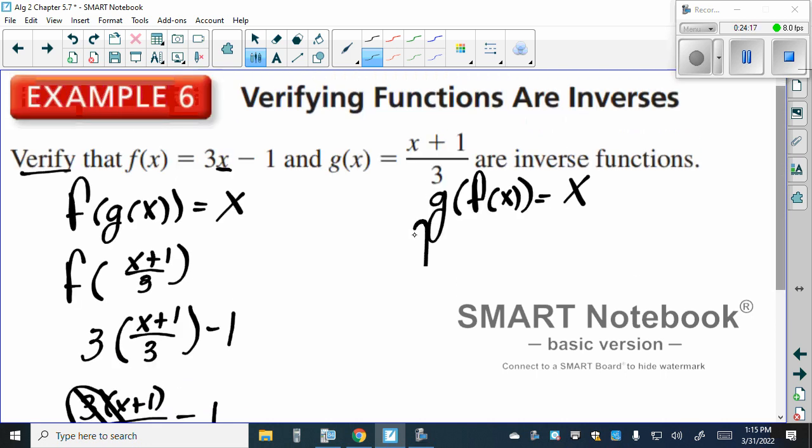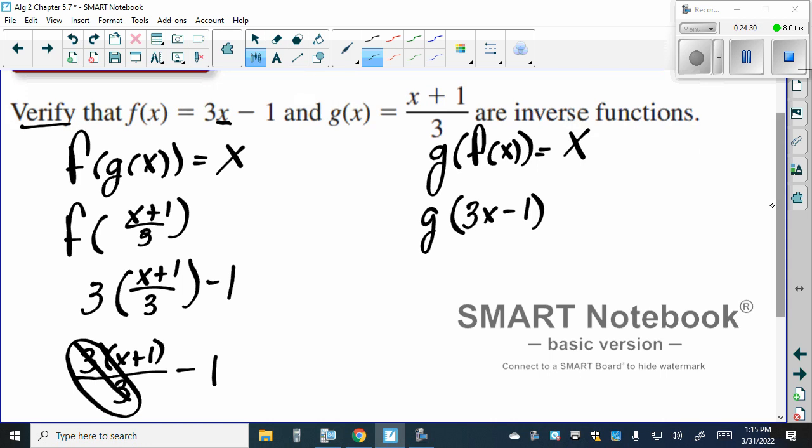Now if we do this here, we'll have g of f of x is our 3x minus 1. And again, just like in the previous problem, we're going to replace every x in the function g of x with our 3x minus 1. So in the numerator here, we'll have parentheses 3x minus 1 plus 1, divided by 3.